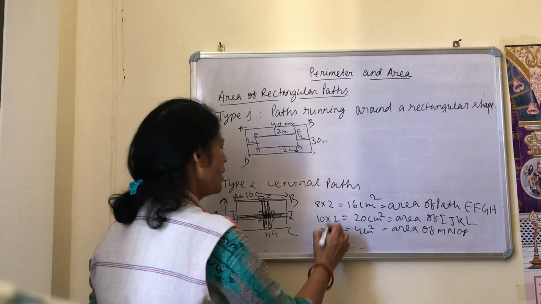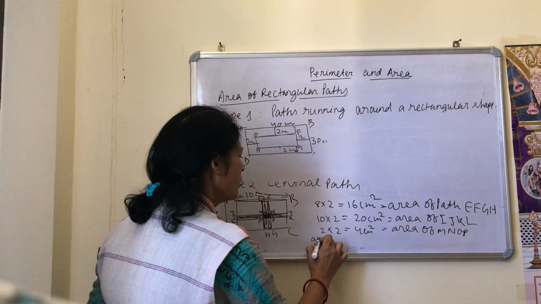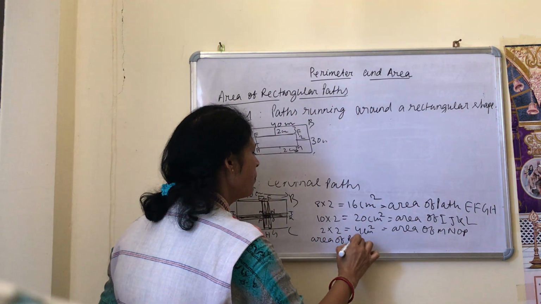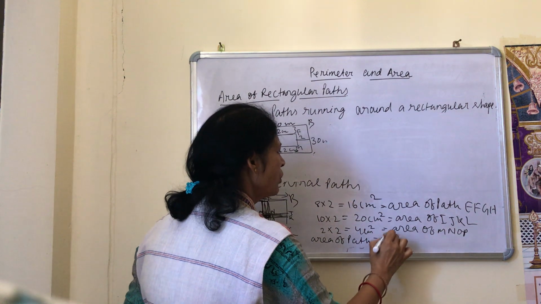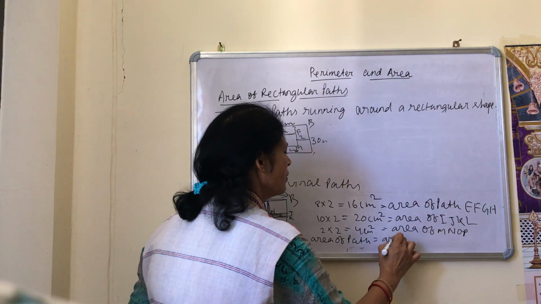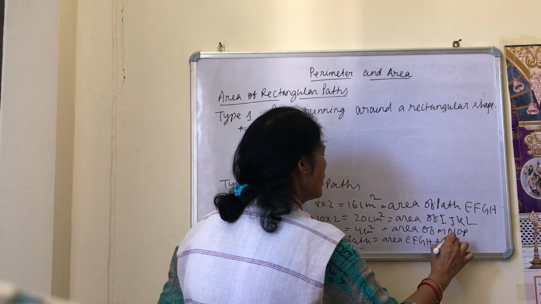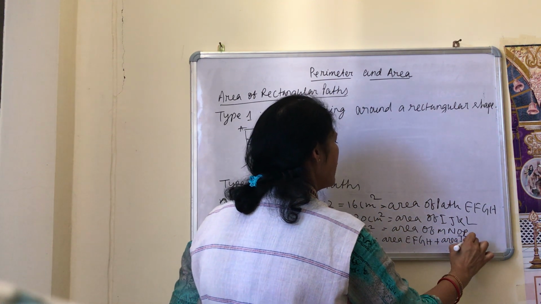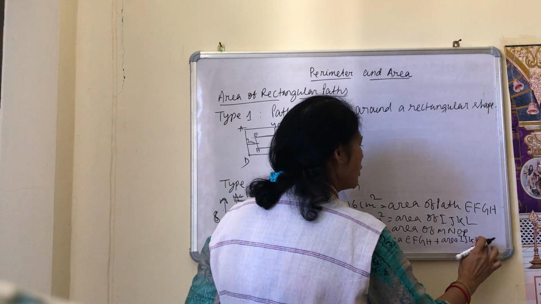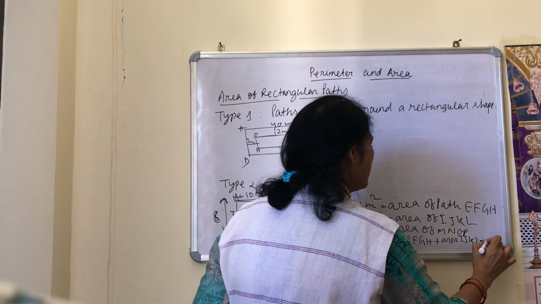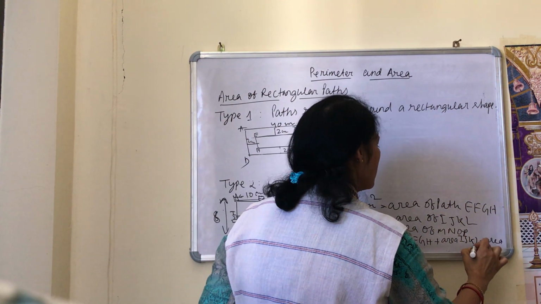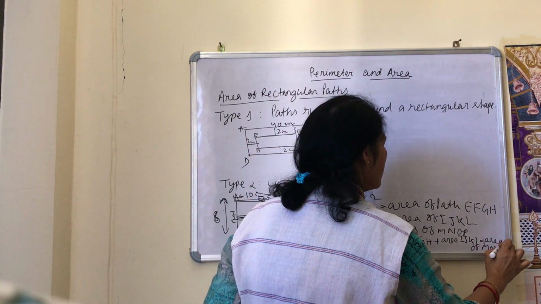The area of the path is equal to area of EFGH plus area of IJKL minus area of MNOP.